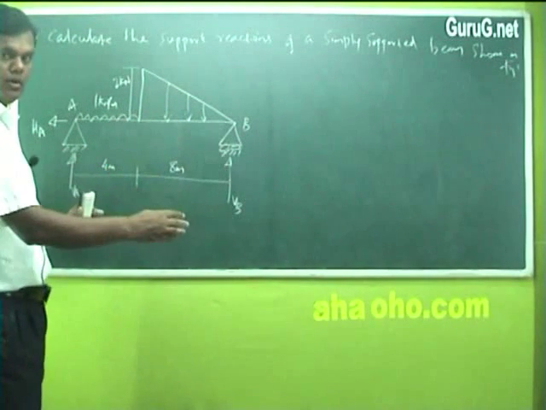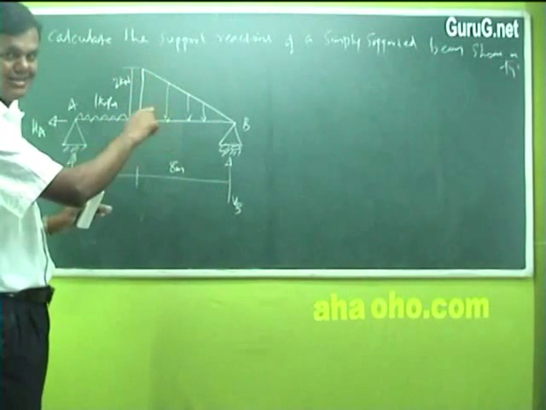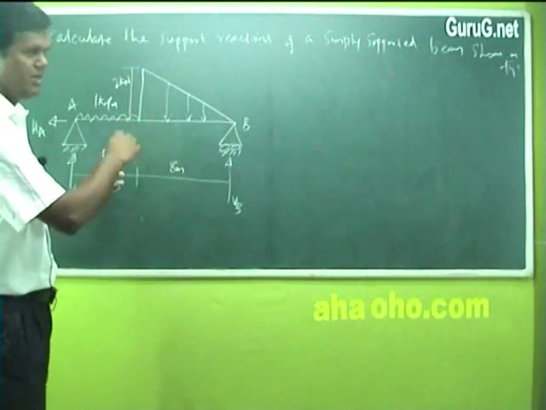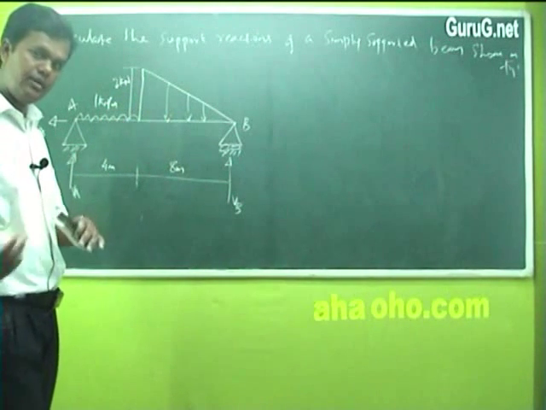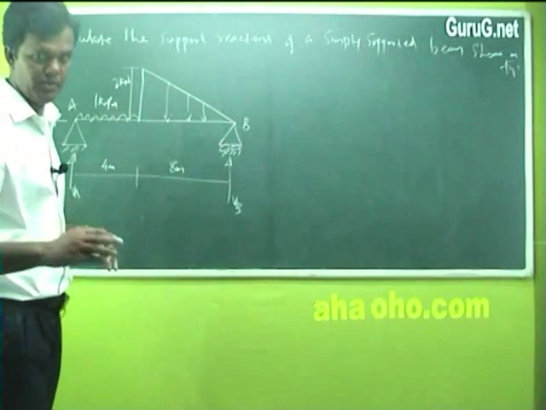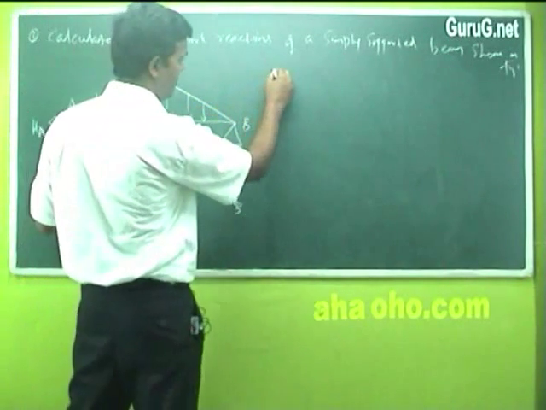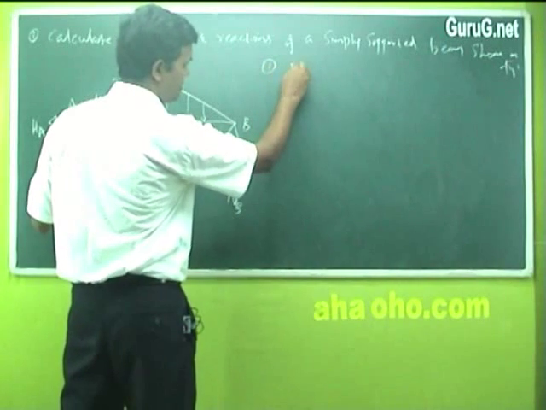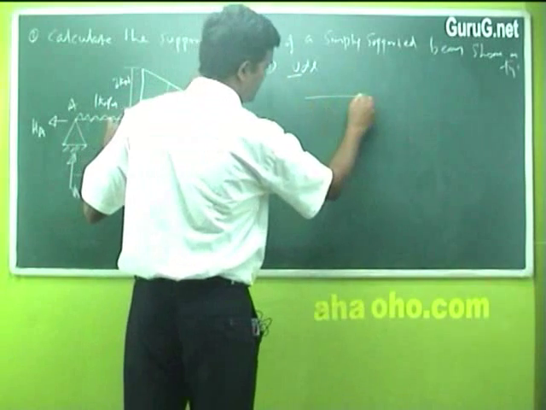Before solving this problem, first we have to convert this sketch into a normal sketch with just the indication of loads alone. It will be easier for you to calculate sigma H, horizontal, vertical and moment, the equations of equilibrium, right? So first we will convert this UDL into a normal load. How do you convert? First step, you convert this UDL. What will you do? The given sketch is like this.